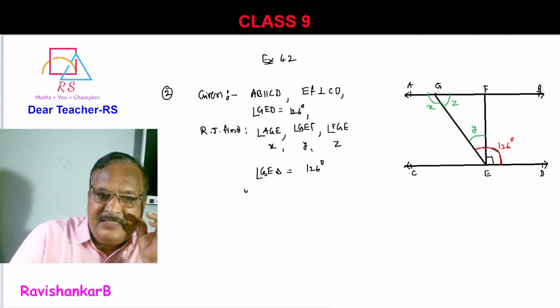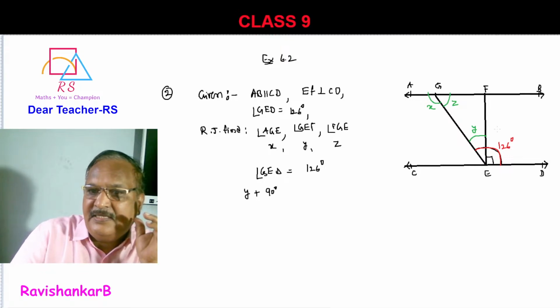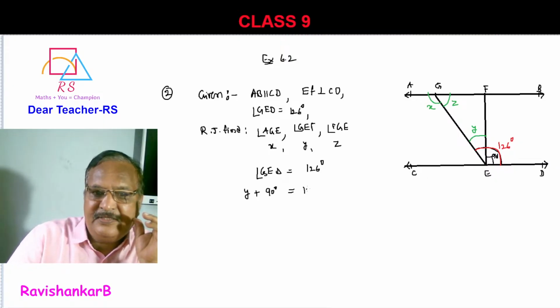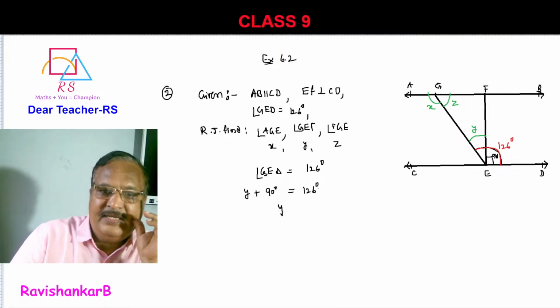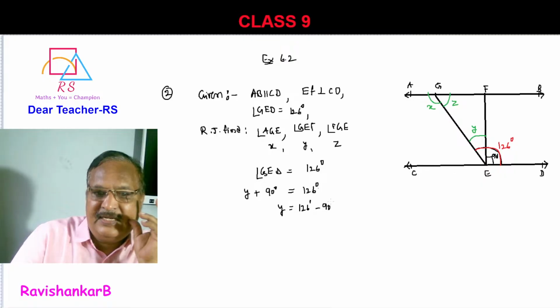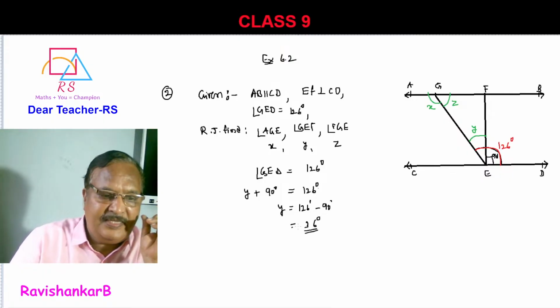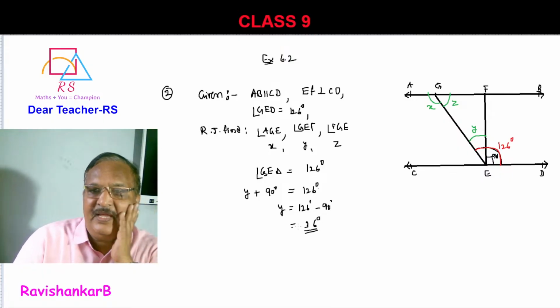So that means this is y plus 90 degrees, because this angle is 90 degrees. y plus 90 degrees is equal to 126 degrees, and y is equal to 126 degrees minus 90 degrees. So 36 degrees. y is equal to 36 degrees.